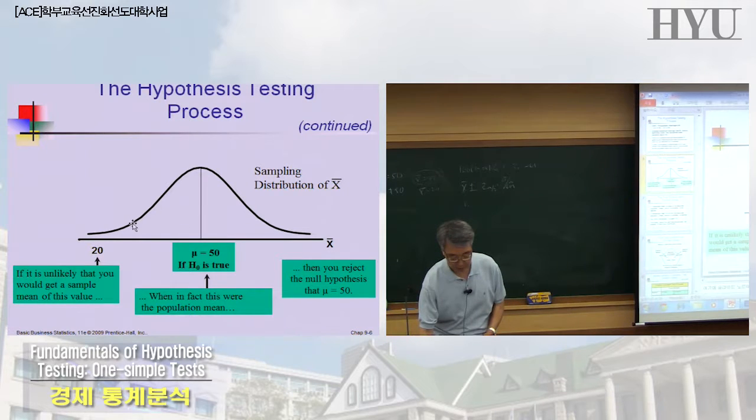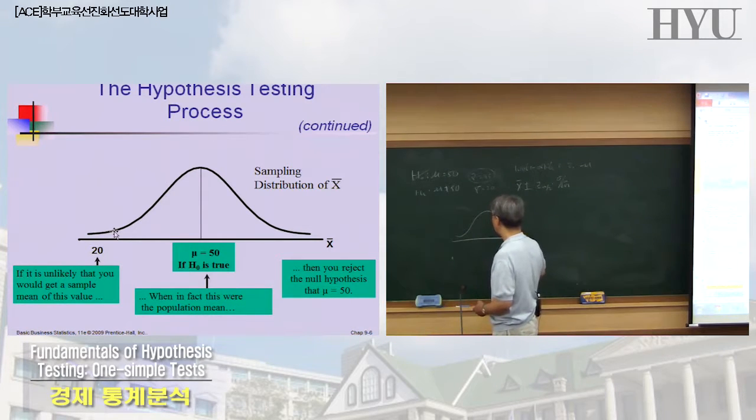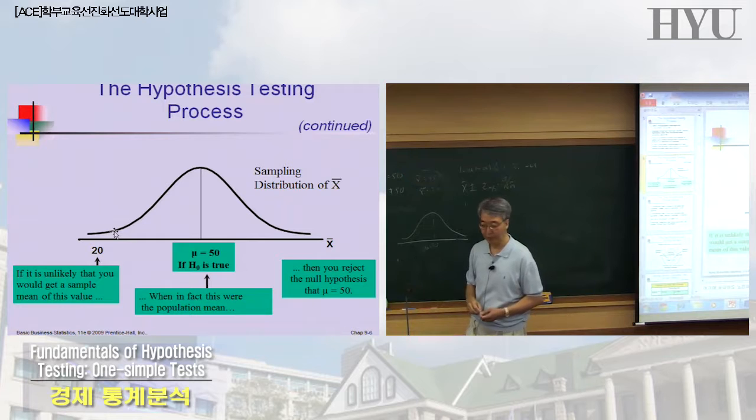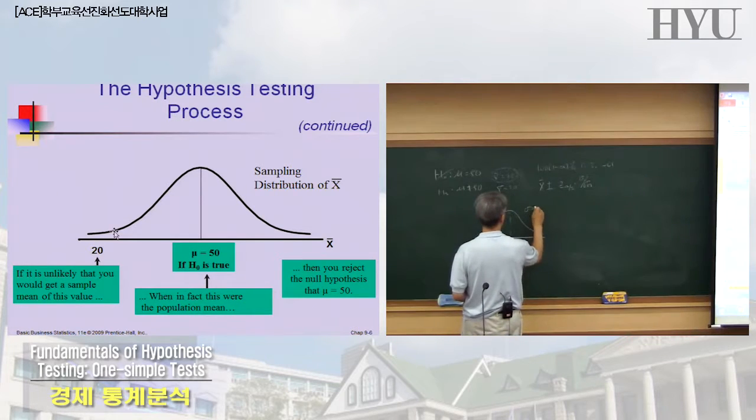Within 2 standard deviations, 95%. Let's assume that the population mean was actually 50, and let's say sigma was 15.